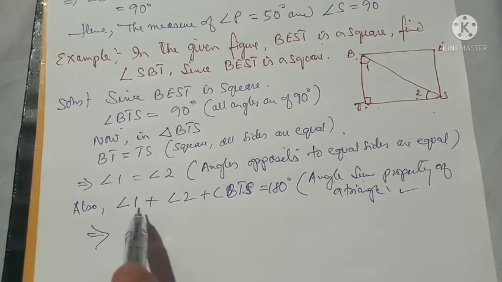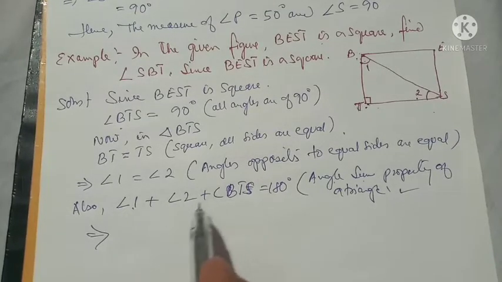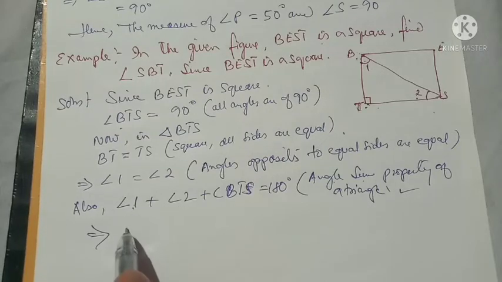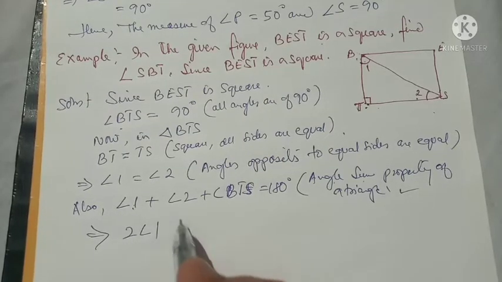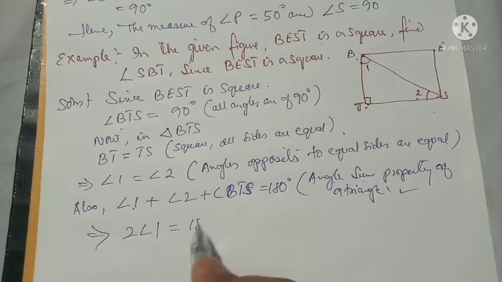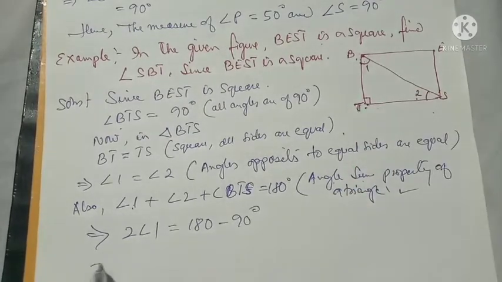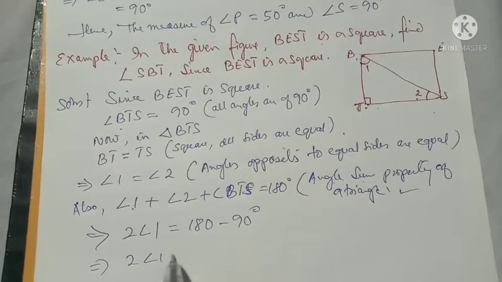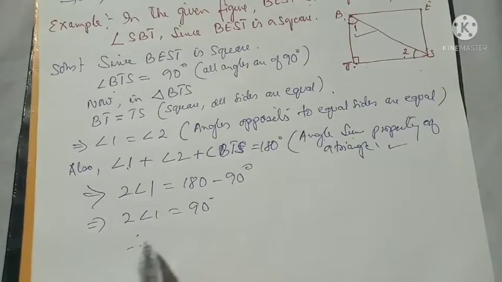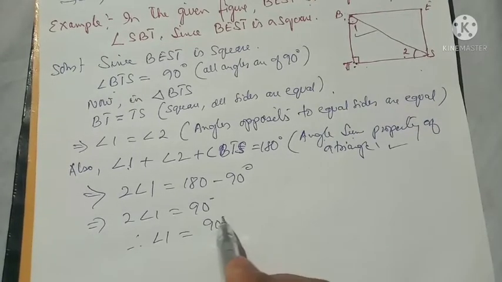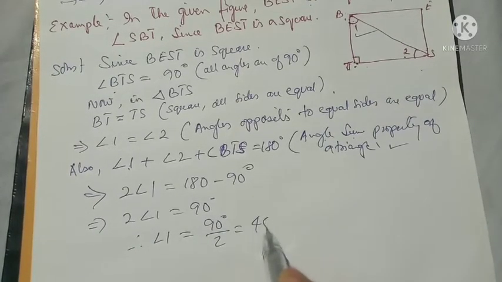Here comes angle 1, angle 2, both angles are same, then we can take 2 angle 1 is equal to 180 degree minus 90 degree BTS. That comes 2 angle 1 is equal to 90 degree. If you want to find out one angle, then angle 1 is equal to 90 degree divided by 2. The angle will be 45 degree.